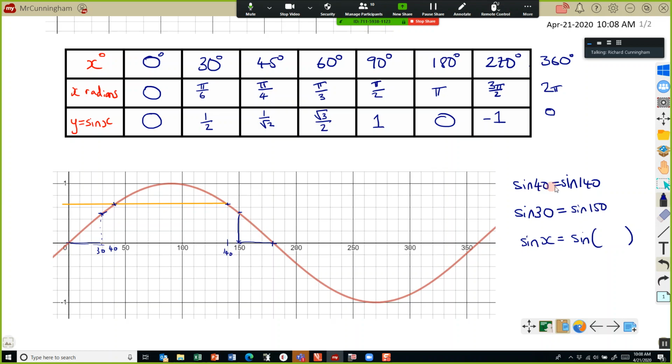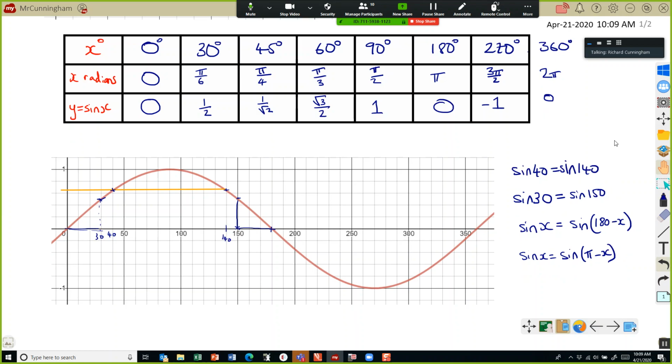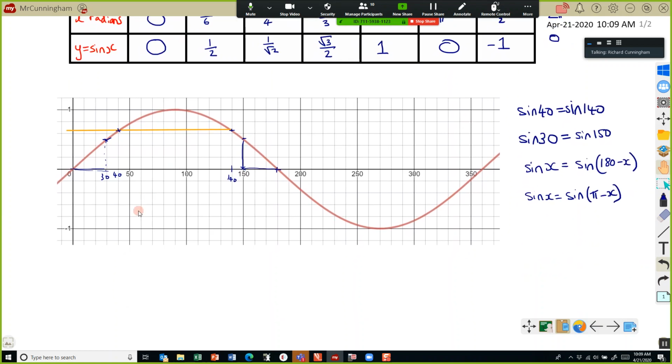What am I subtracting 40 off of to get 140? I'm subtracting it from 180, so what's going to go in the bracket here? Yeah, 180 minus x. Good. Now, this is degrees. If you're using radians, it would be pi minus x. Now, we'll deal with degrees to keep us on the straight and narrow for now.